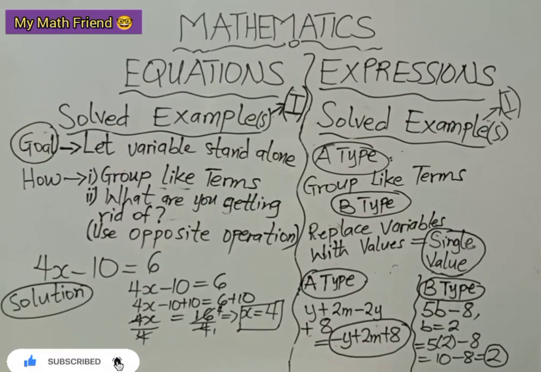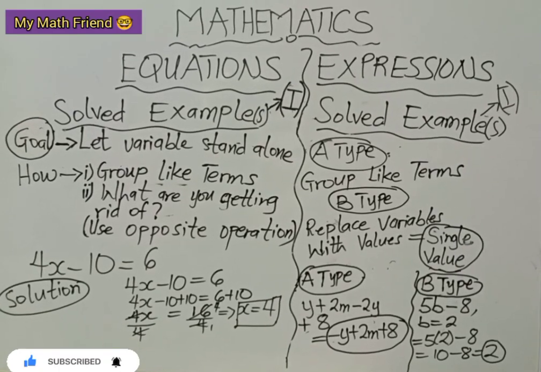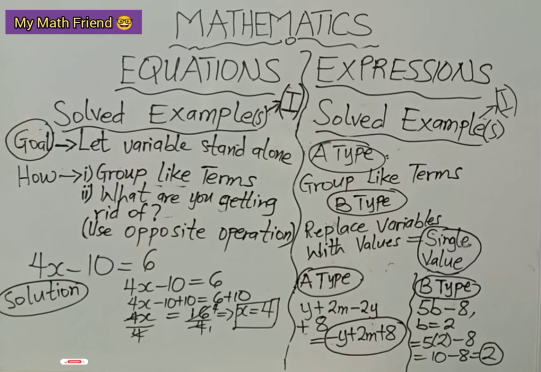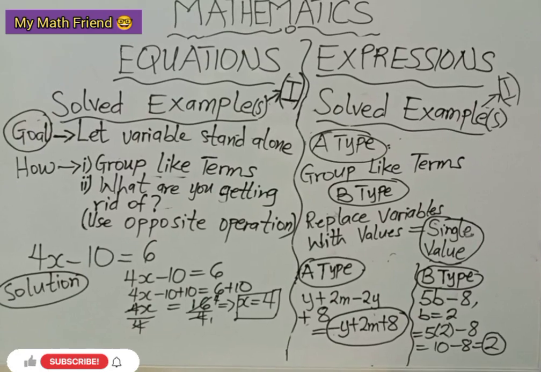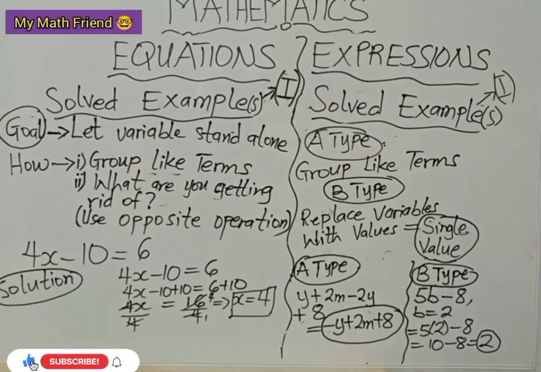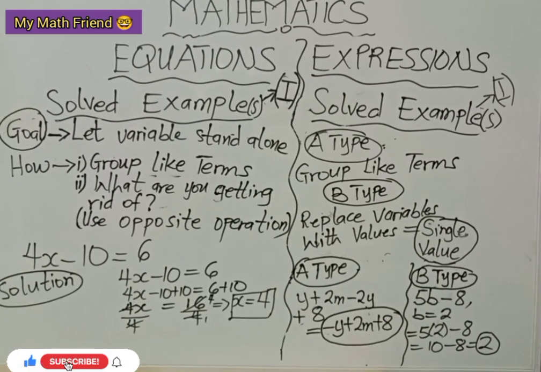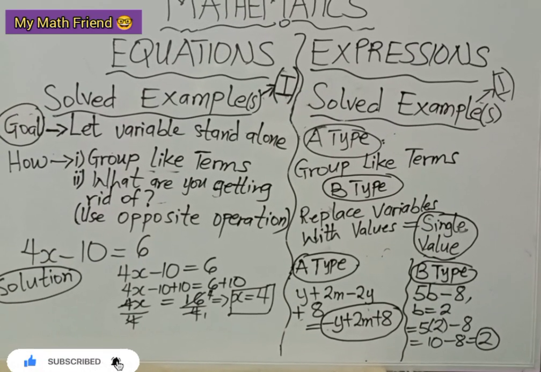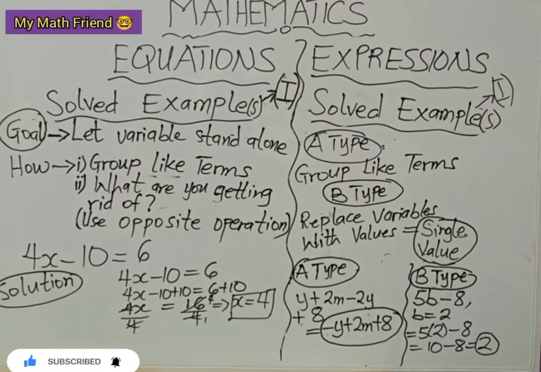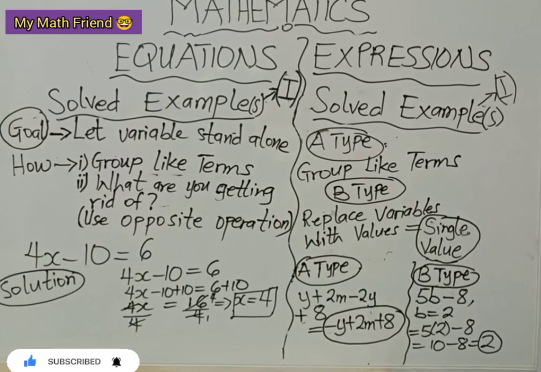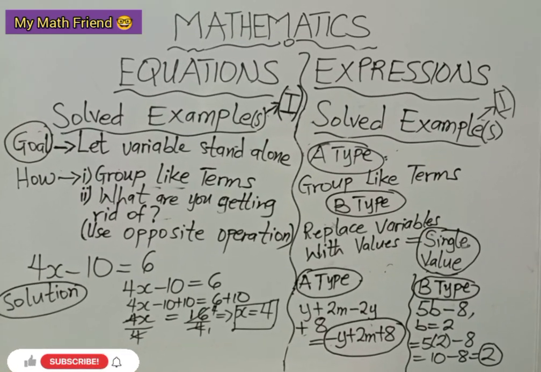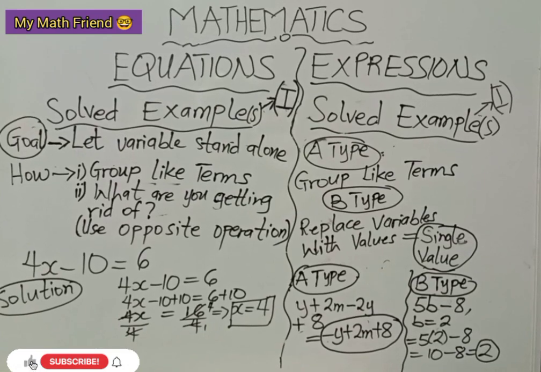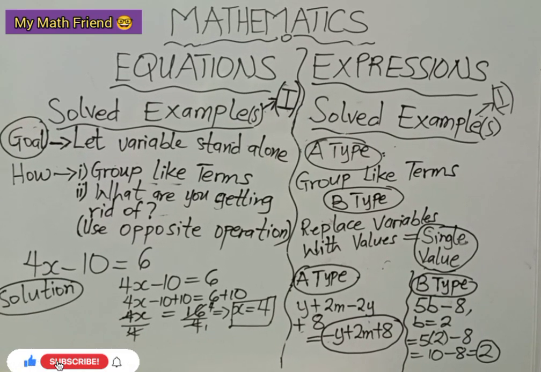As you see on the board now, the first thing you do is group like terms, and then you think about what you are getting rid of. In getting rid of something, use the opposite operation. The example would help us better understand how to solve them.